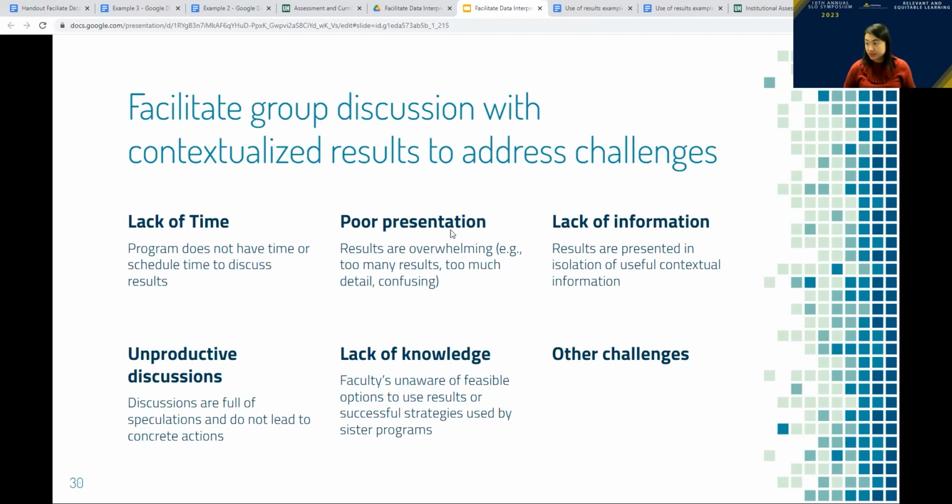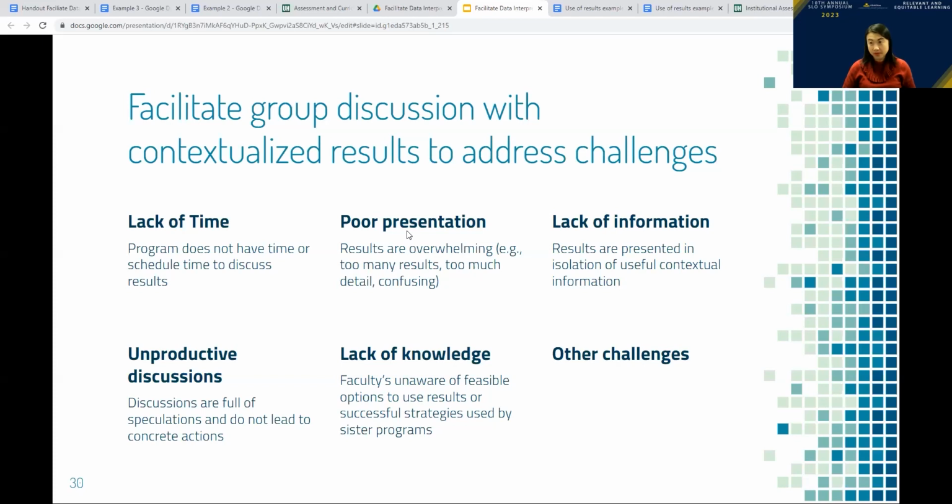Let's take a look at how my 2 solutions can possibly address these challenges we're talking about. First, as an assessment coordinator, remind the program leaders to schedule time in faculty retreats and department meetings. Let's use minimally 60 minutes to discuss results, or schedule that in your department meeting, in your assessment plan.